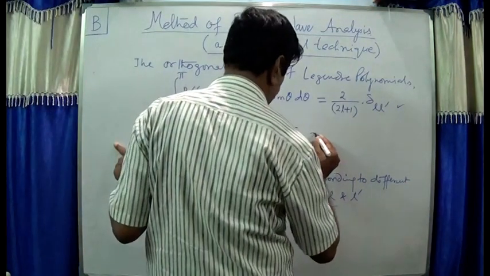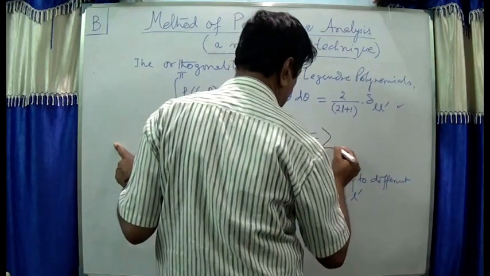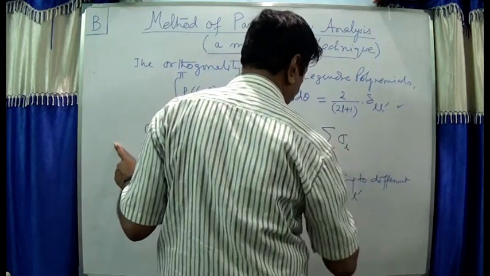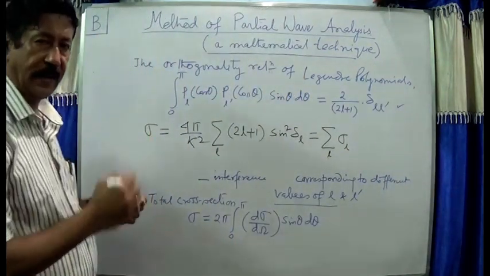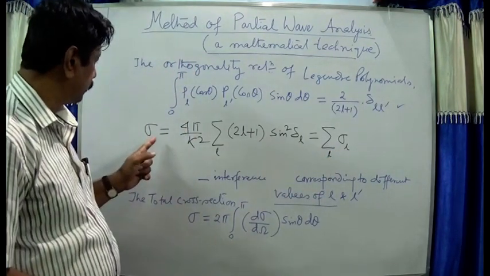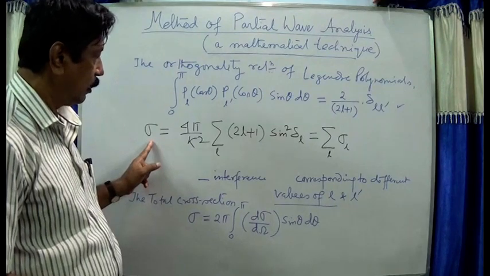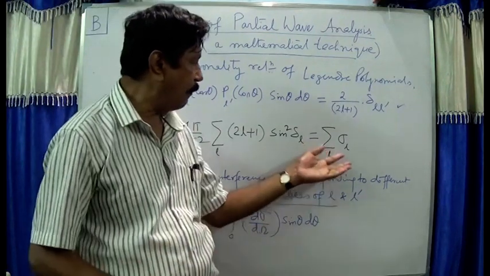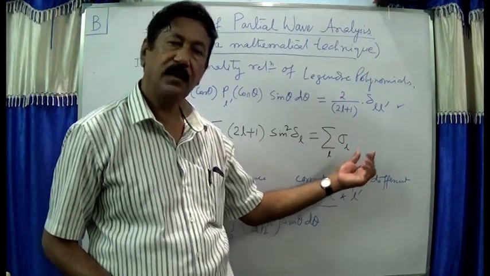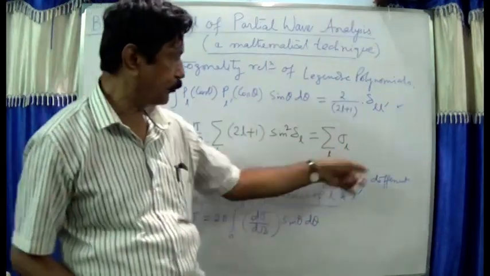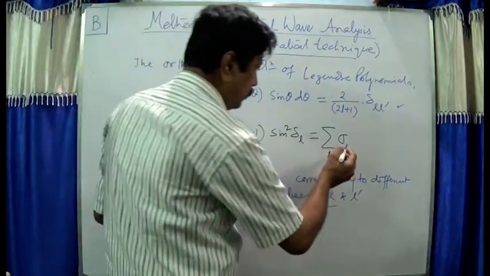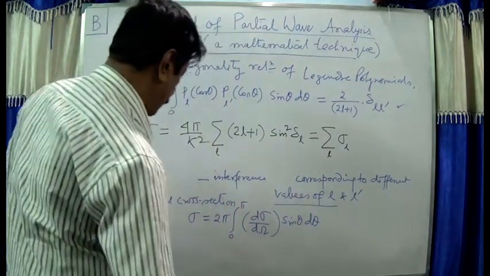Again, this total cross section can be written as sum over L of sigma_L. Just like your f_L, here the total sigma is a sum of an infinite number of small sigmas, and those sigmas are known as partial wave total cross sections.